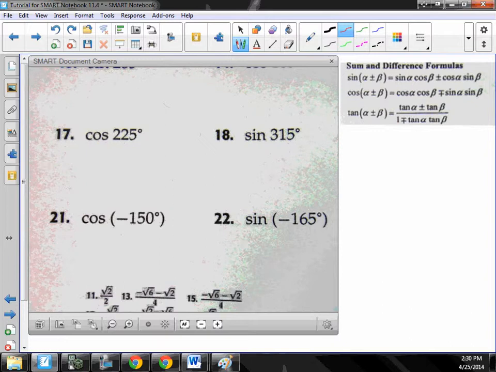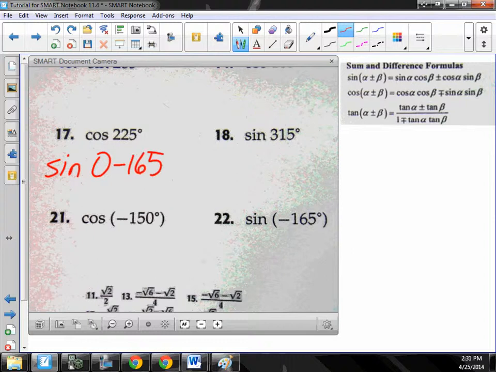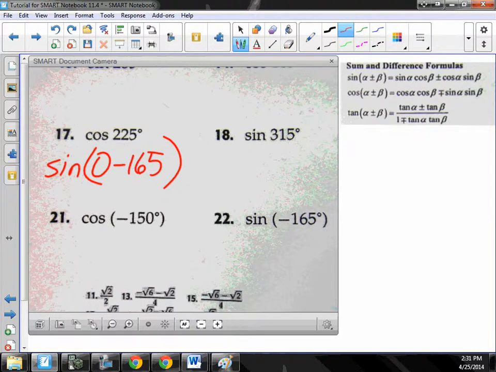I don't know how you mean 0? Is that what you meant? That would work. So the sine of 0 minus 165. I see what you're saying. Yes, that would work. Can anybody figure out another way to do it?